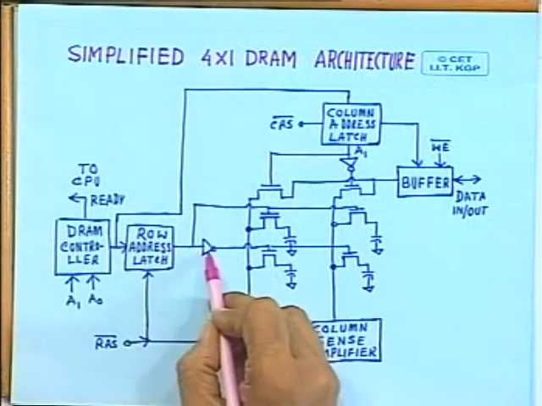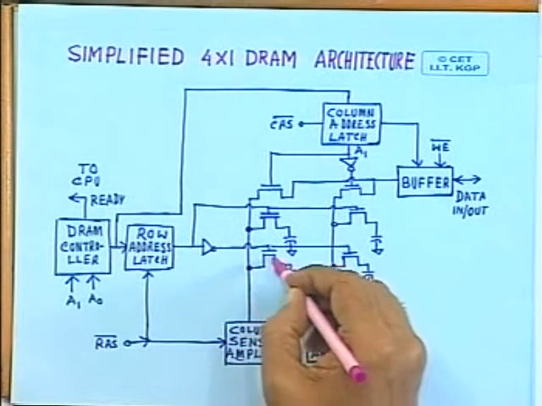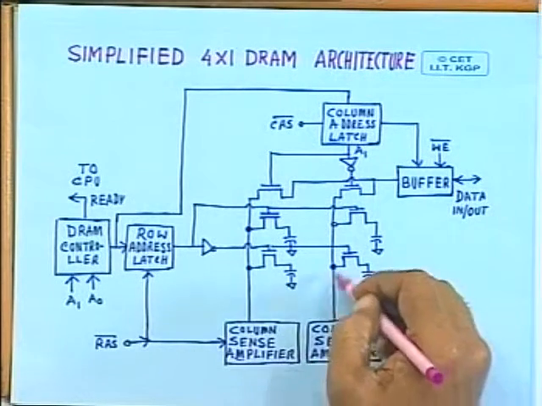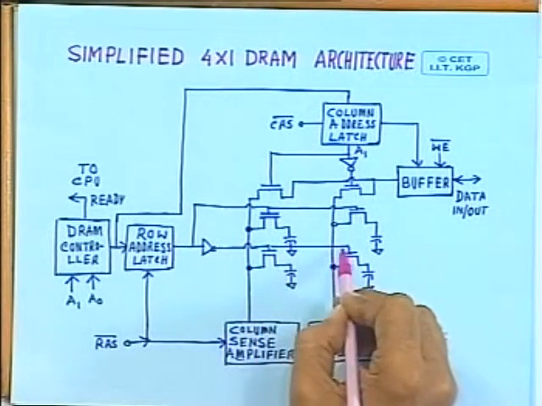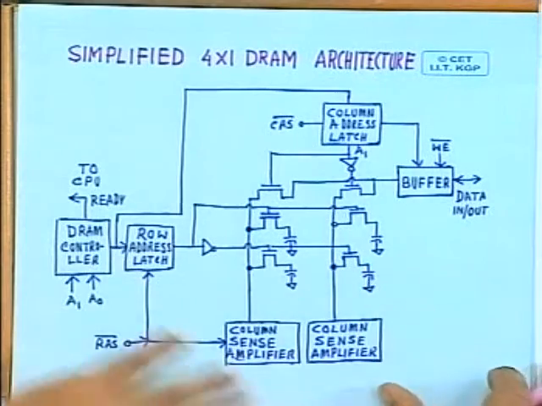That's why whenever you access any element of the row, all the elements of the row get refreshed, because of the sense amplifier, because all the elements of the row get energized. And that's why, as we shall discuss later on if time permits, about the interfacing of dynamic RAM refreshing, you will see whenever you refresh a particular cell in a row, all the elements of the row get refreshed.